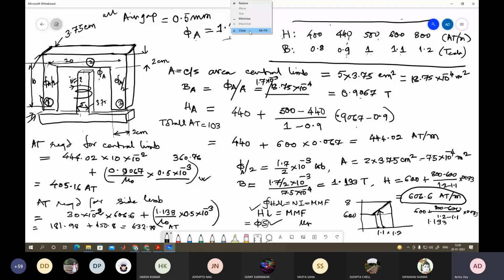Then if you divide by the number of turns, which is 500, I forgot to mention, so many data is given, I'm missing out while copying. So 1038 is the total ampere turn required and the number of turns is 500. Dividing by 500, you get I equal to 2.076 ampere.